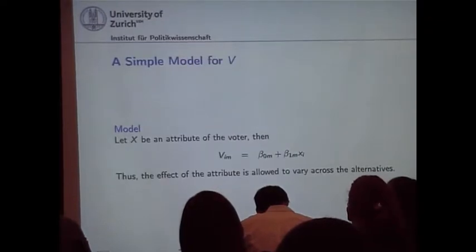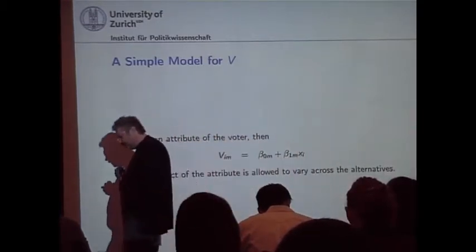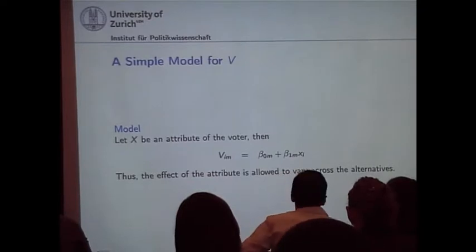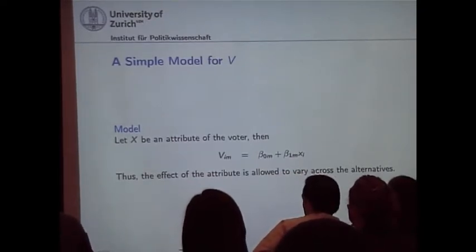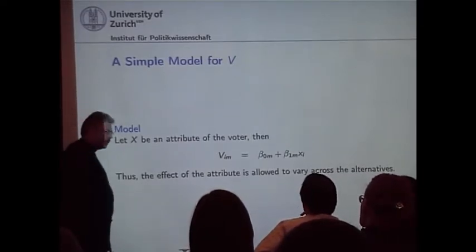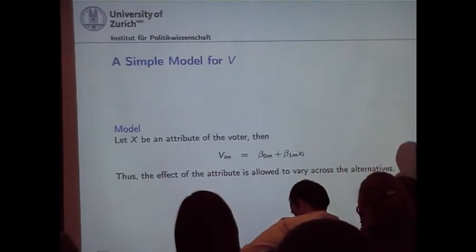Now, we want to model this out. And I'm going to model this out in terms of a single predictor for now, because again, I want to keep it simple. So I'm introducing a single predictor and a constant to account for the systematic utility that someone might feel for a party.